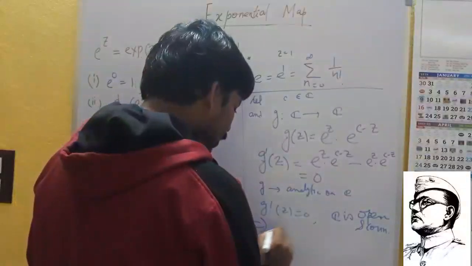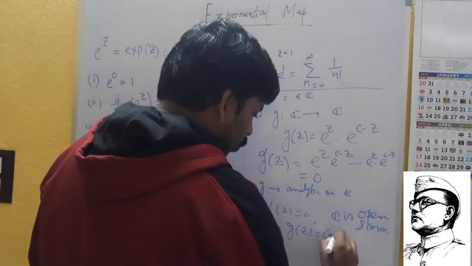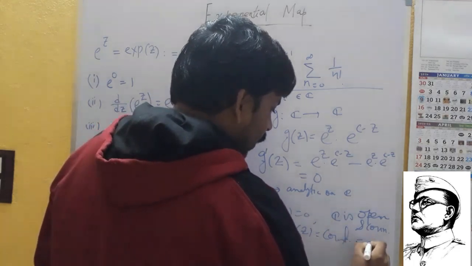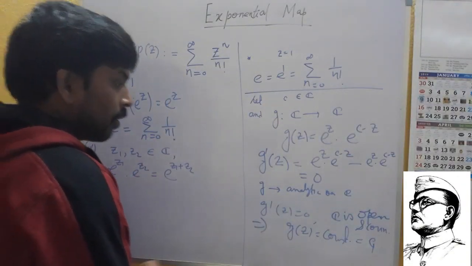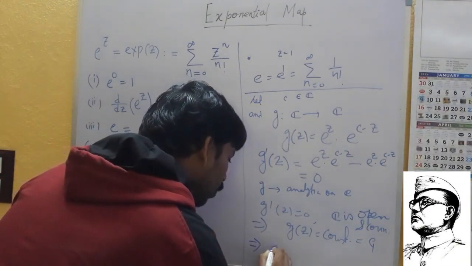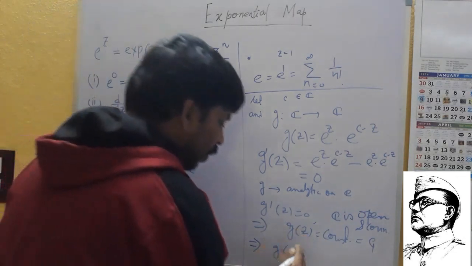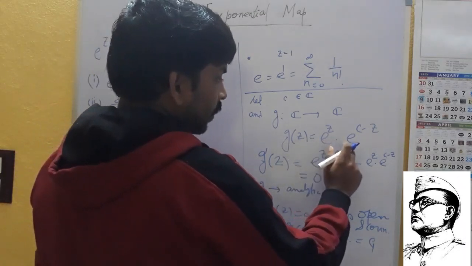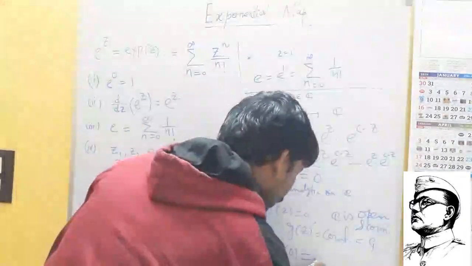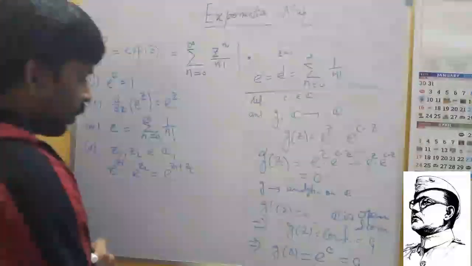That means G is some constant, say C1. Then what is the value of G of 0? If I put 0 here, G of 0 is e to the power c, and this is actually C1, correct.